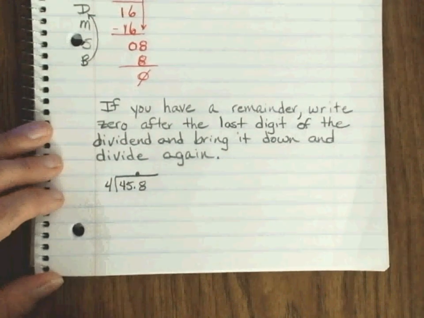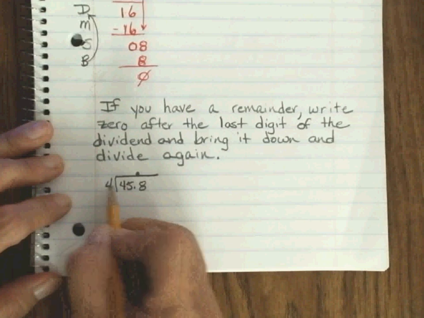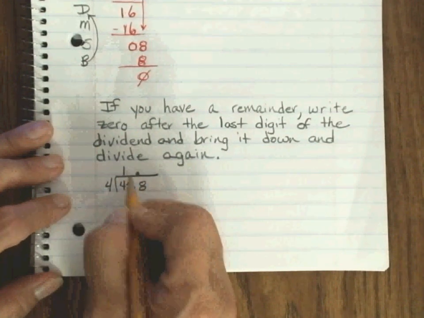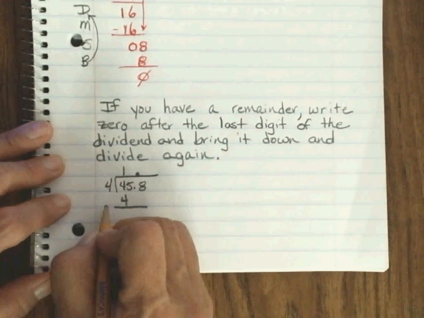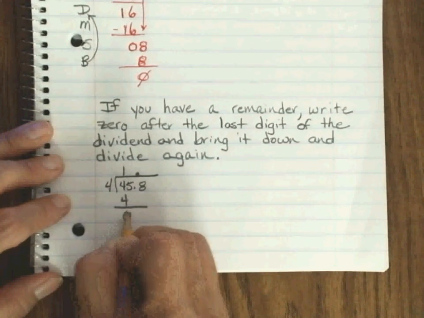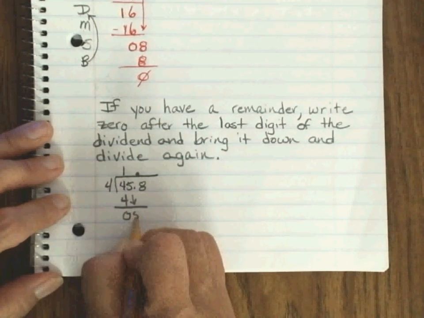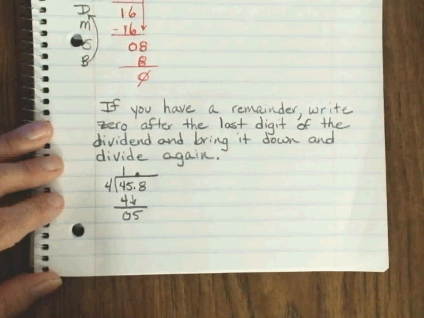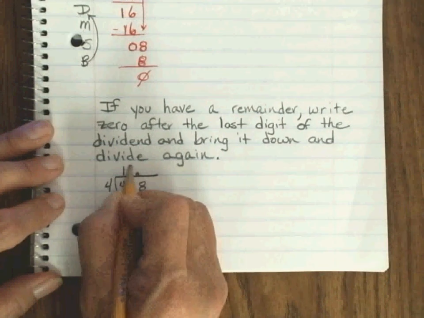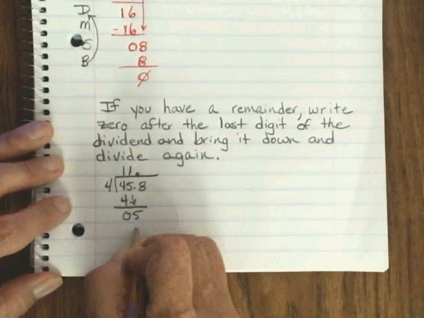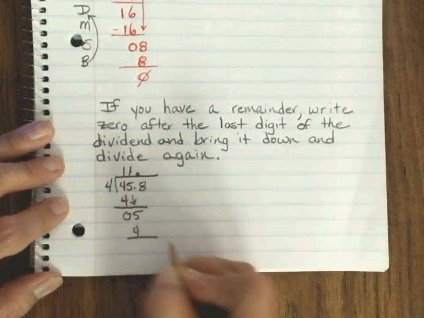Now, I go through the division process. 4 goes once into 4. 1 times 4 is 4. Subtract 0, bring down the 5. 4 goes once into 5. 1 times 4, of course, is 4.